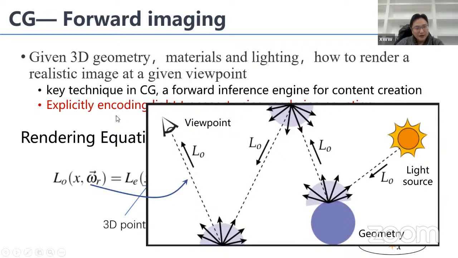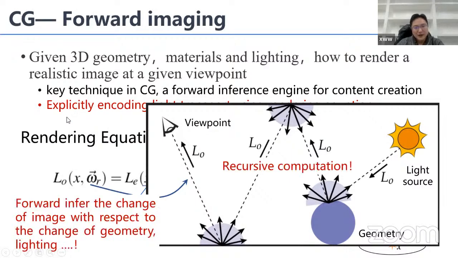Thus, the rendering technique can be viewed as a forward inference engine. After we change the geometry, materials, or the light source position, we can use the rendering engine to render the new image, so we can infer how the geometry change influences the image change.